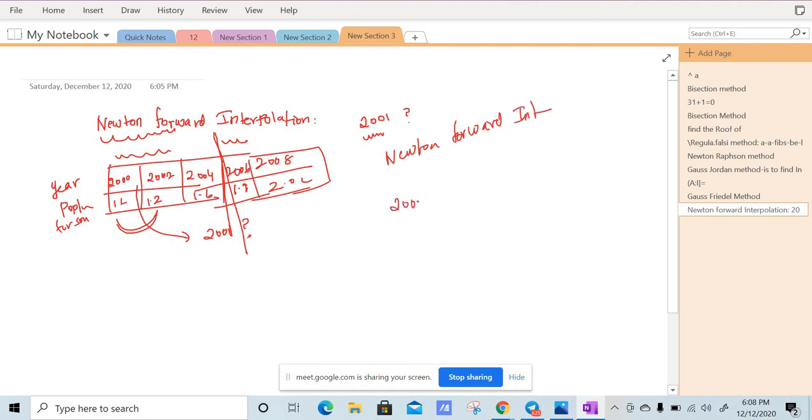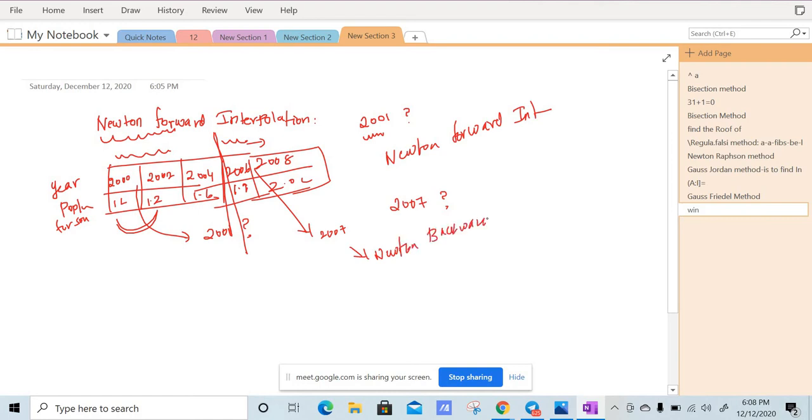Suppose they ask us to estimate the population in 2007. You can see 2007 lies in the second part, so you can estimate this using the Newton backward interpolation formula.